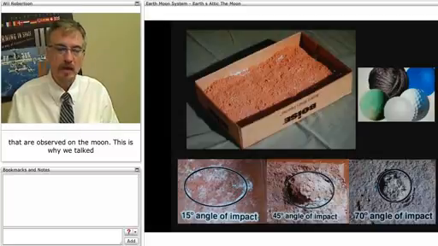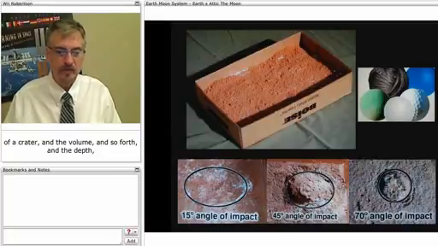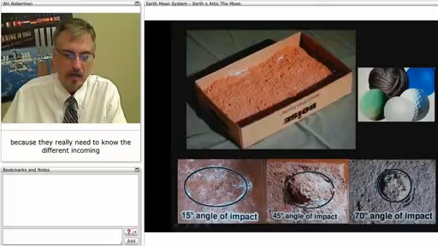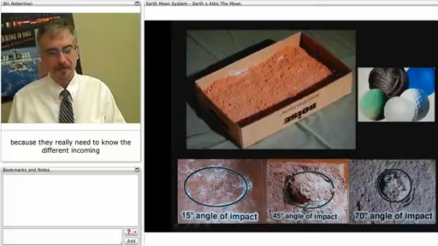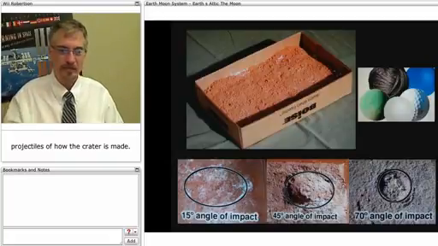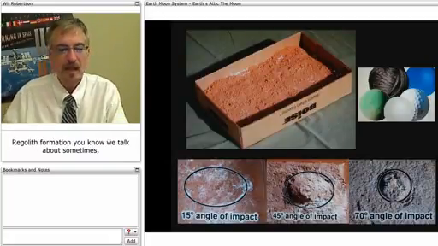And this is why we talked about earlier that the students need to find the area of a crater and the volume and the depth, because they really need to know the different incoming projectiles and how the crater is made.